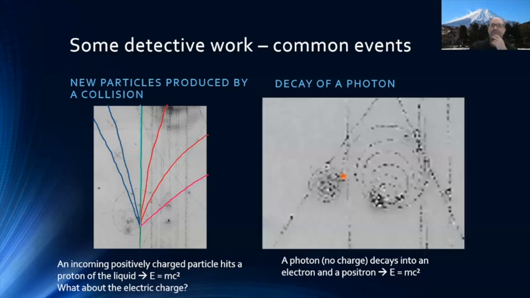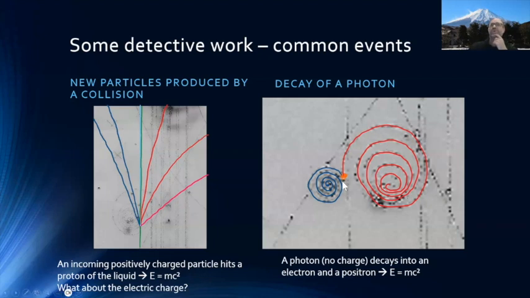Maybe this one helps. And yes, it's right. It's an electron and a positron. Well, not annihilation, it's the opposite. So we have a photon which is decaying into a negatively charged electron and a positively charged positron.